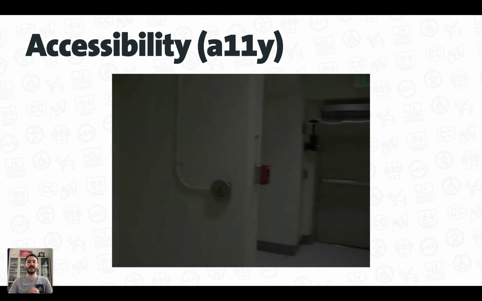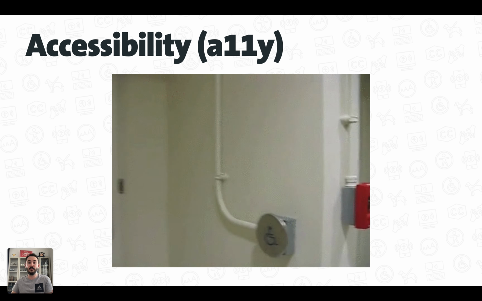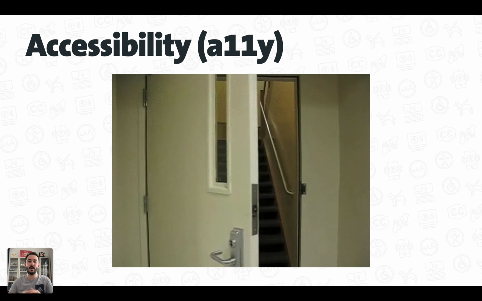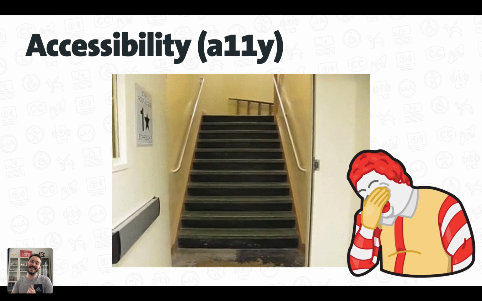Let me give you another example. There is someone arriving in a wheelchair, and there is an accessible button. This person presses the button, the door opens automatically, but surprise, there are stairs at the other end of the door. So this is clearly wrong, and it's very obvious that it's wrong in the real world.